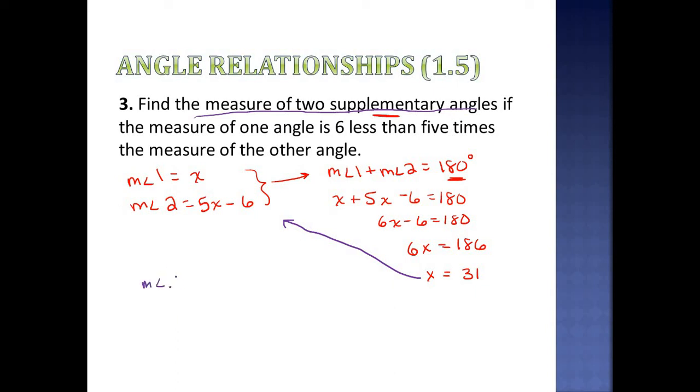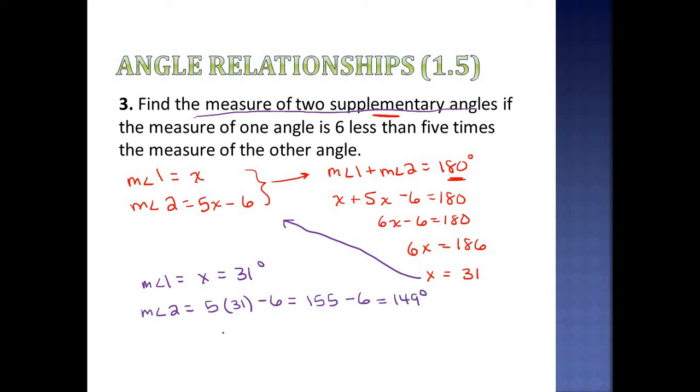The measure of angle 1, which is x degrees, is 31 degrees. And then the measure of angle 2 is 5 times 31 minus 6. 5 times 31 is 155, minus 6, which is 149 degrees.